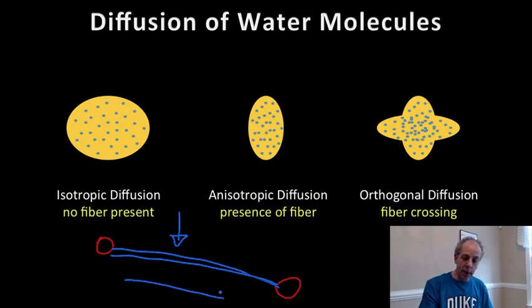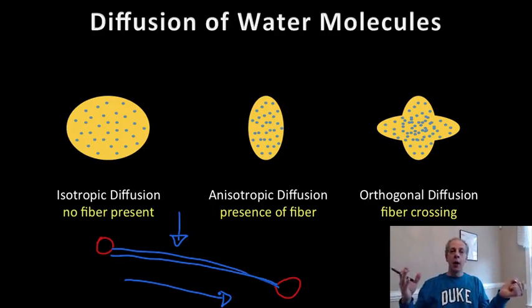Now, if I try to make it go in this direction, then it will actually move in a much easier fashion. So if there is a presence of a connectivity in a given direction, we can actually try to push the water in different directions, and according to how successful we are in pushing that water, we can infer the direction of these bundles and then basically the connectivity of different regions in the brain.